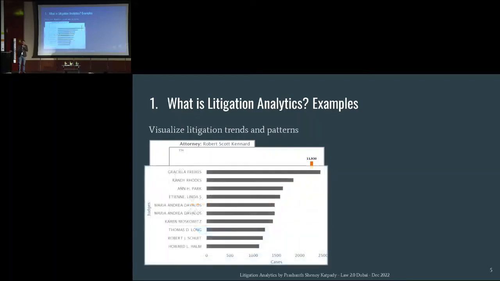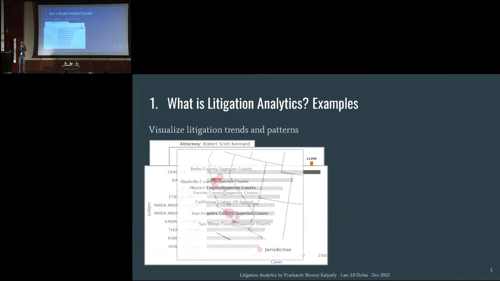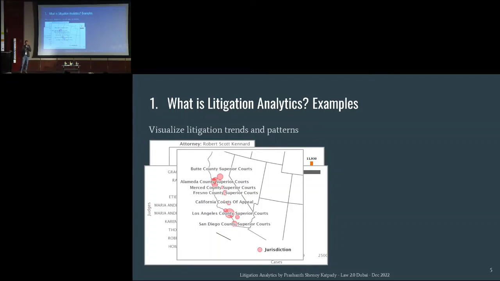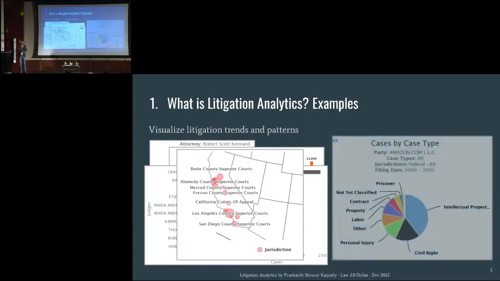You can see the judges that the attorney has faced. This attorney primarily practices in California. So you see the different courts and the volume of cases that the attorney has handled, spread across courts.